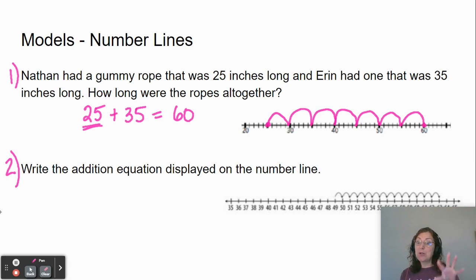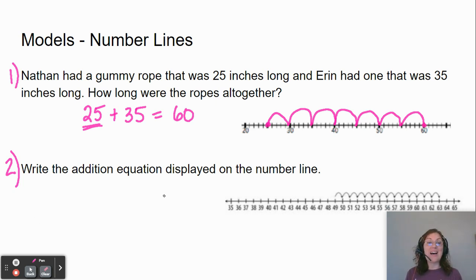Now, look at my second one, which is kind of where a lot of my students who are adults or maybe pre-service teachers get confused because they have to read the number line and they're used to doing the standard algorithm. So we're going to take a look. Let me minimize my video to make that a little bit where we can see the whole number line. There we go. That's better. So what we want to do now is to write the addition equation that this number line is showing. So you can see that it started at 49.